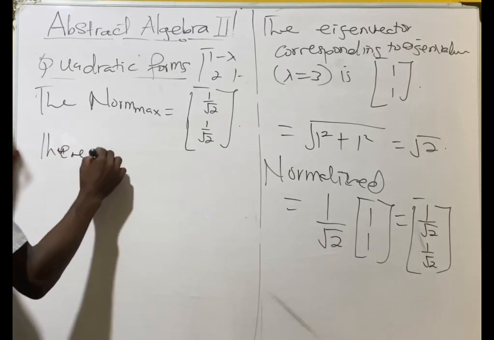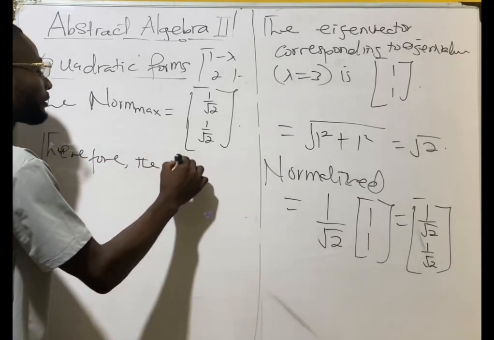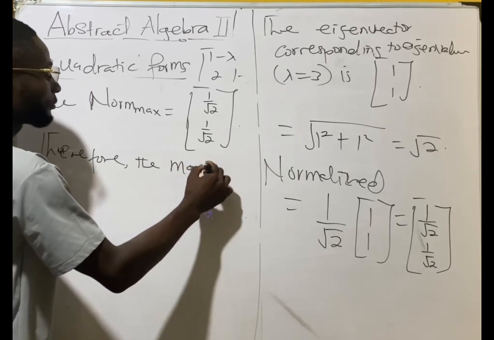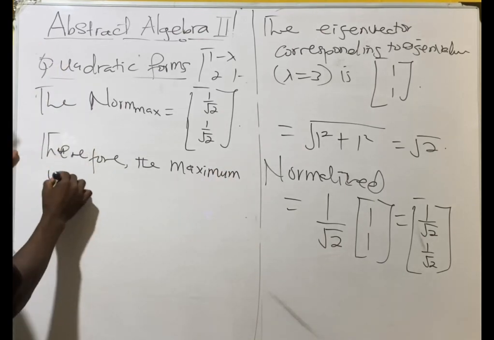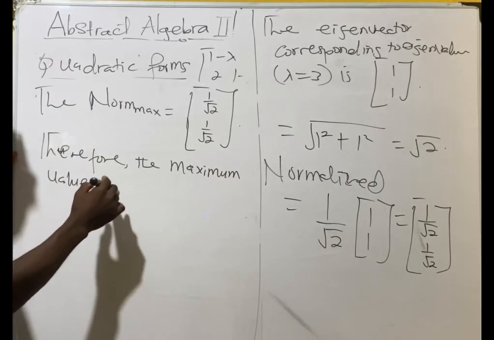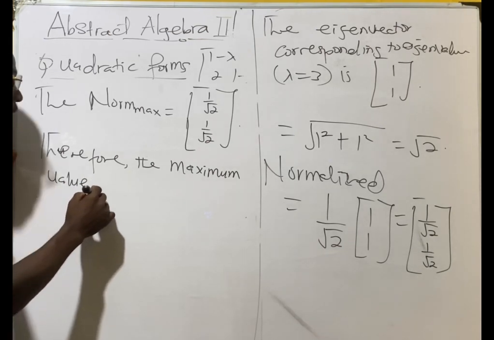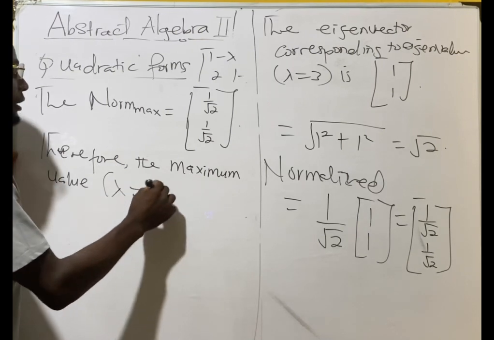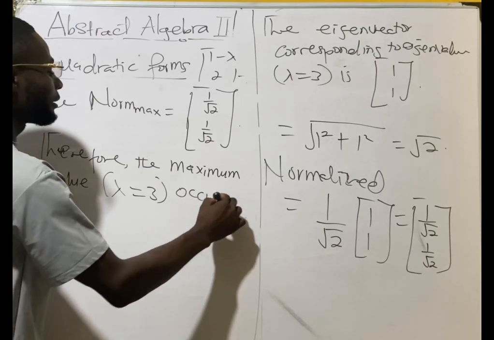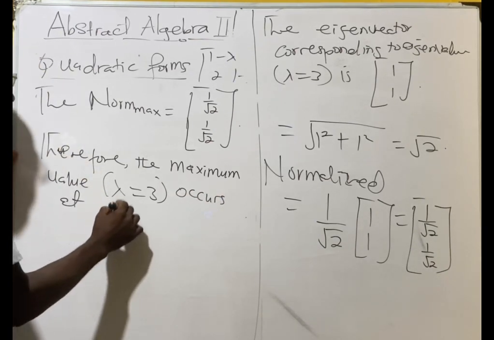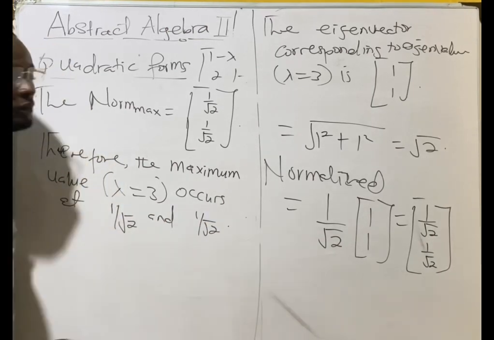Therefore, the maximum value, which is lambda equals 3, occurs at 1 over square root of 2 and 1 over square root of 2, right?